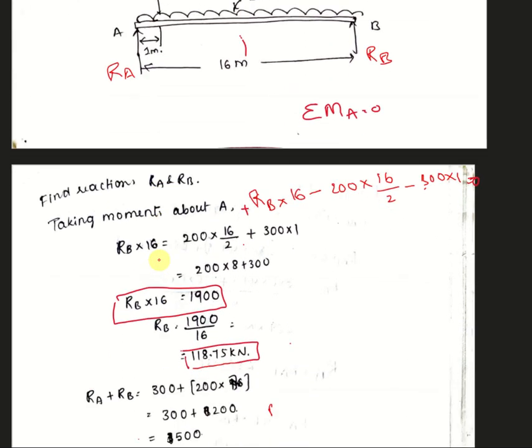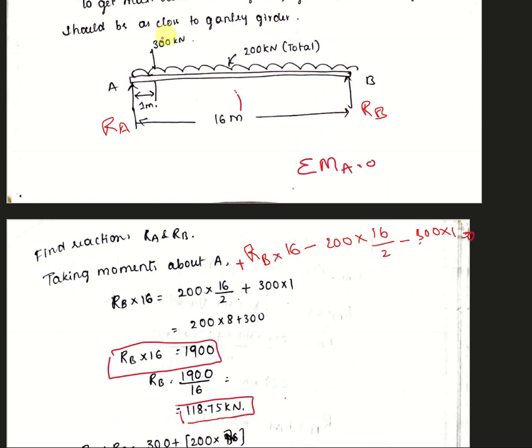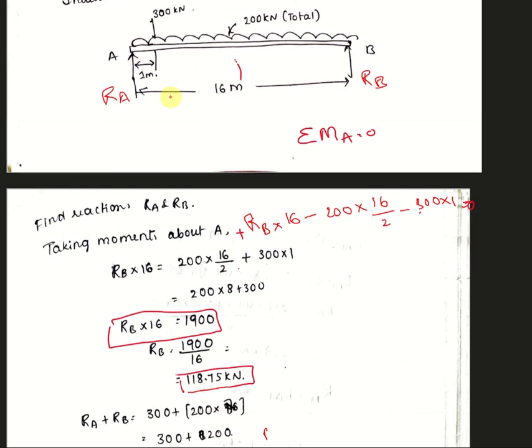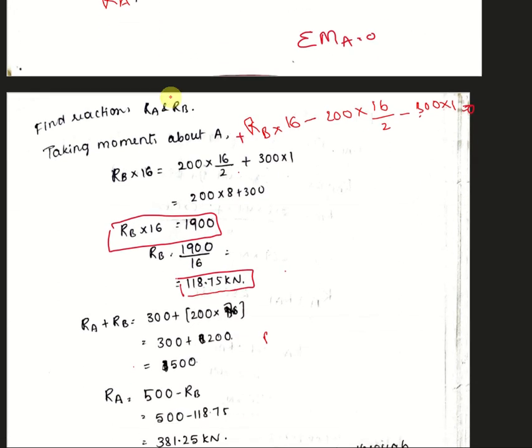So we have to also find out RA. So let us find out. How will you find out the total load? The sum of all the vertical loads will be 0, or the loads acting downwards should be equal to the loads acting upwards.